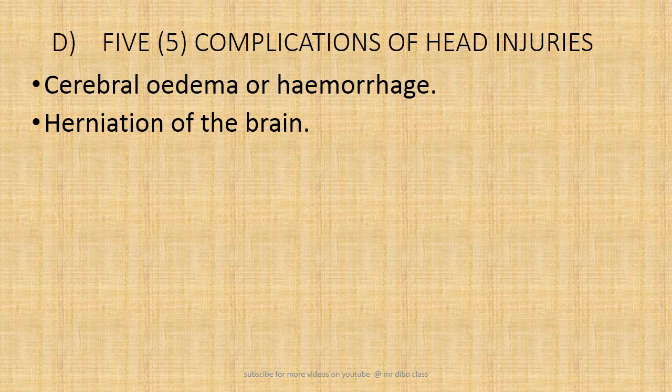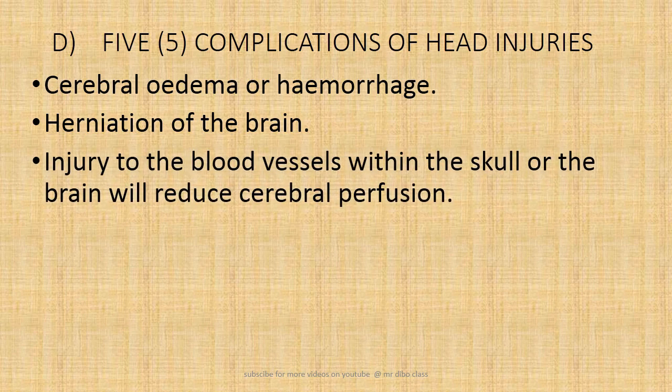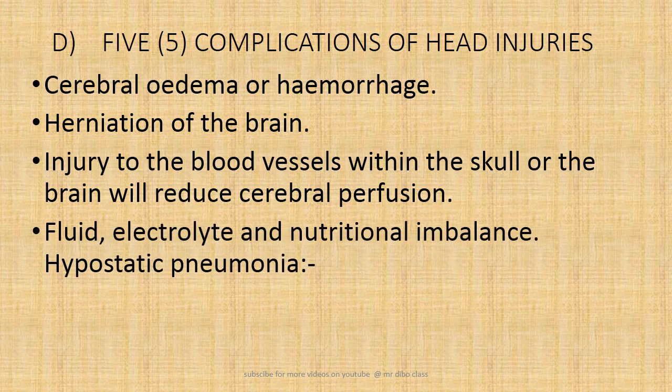So take note of this complication. Then the other one is injury to the blood vessels within the skull or the brain, which will reduce cerebral perfusion, and this causes hypoxia, ischemia, and permanent brain damage or tissue damage.